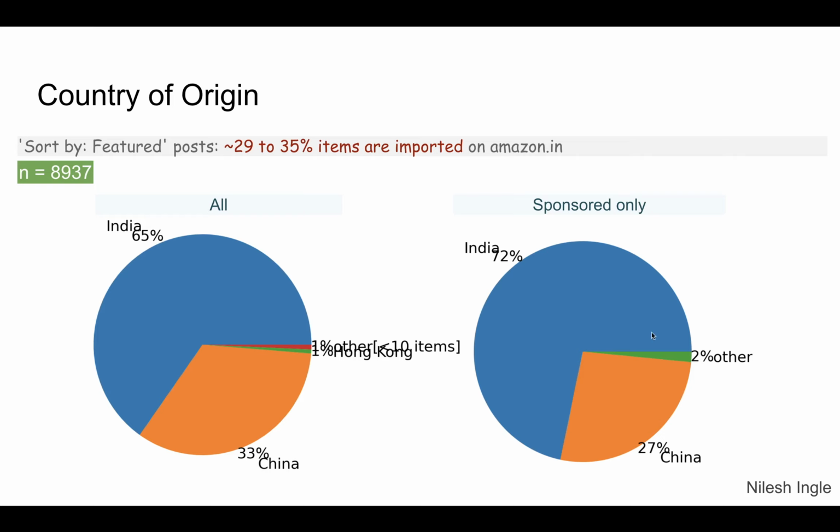But if we see in this particular right hand plot, almost 72% are from within India, and then 27% are imported from China, and then the remaining 2% are imported from other countries. So the proportion stays roughly the same, 70 to 30%, 70 within India, and then 30% imported.